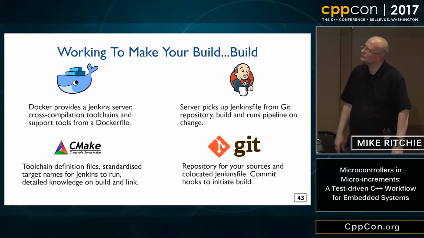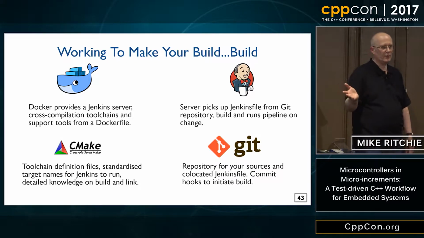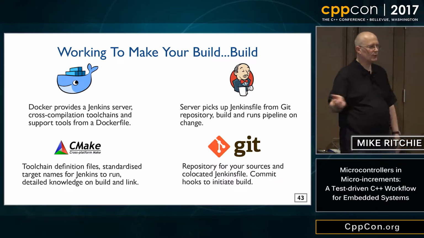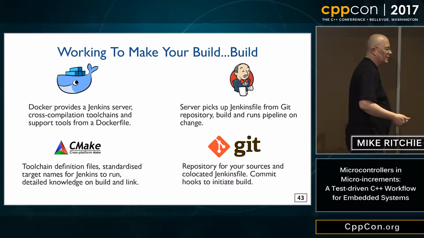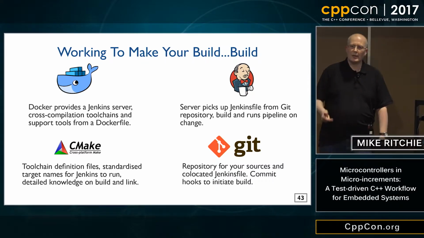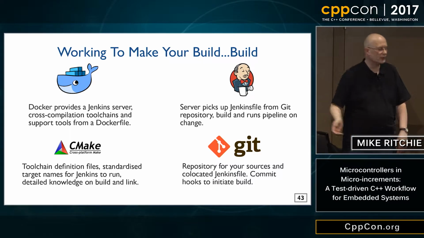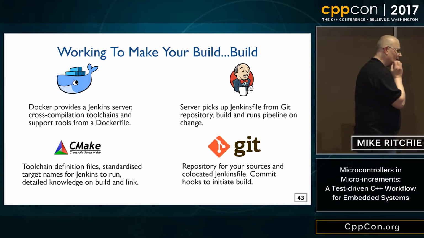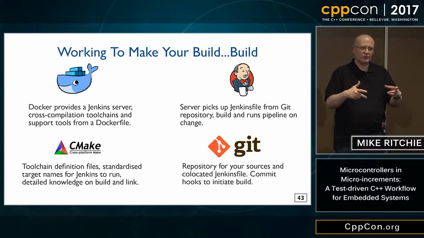So this is what's involved. I don't know how many of you are using Docker as a kind of CI containerization mechanism. Really useful tool. So Docker plus Jenkins and a Jenkinsfile, CMake build as well, and obviously Git for commit hooks and your source, not least. So there's a kind of symbiotic relationship between these things.